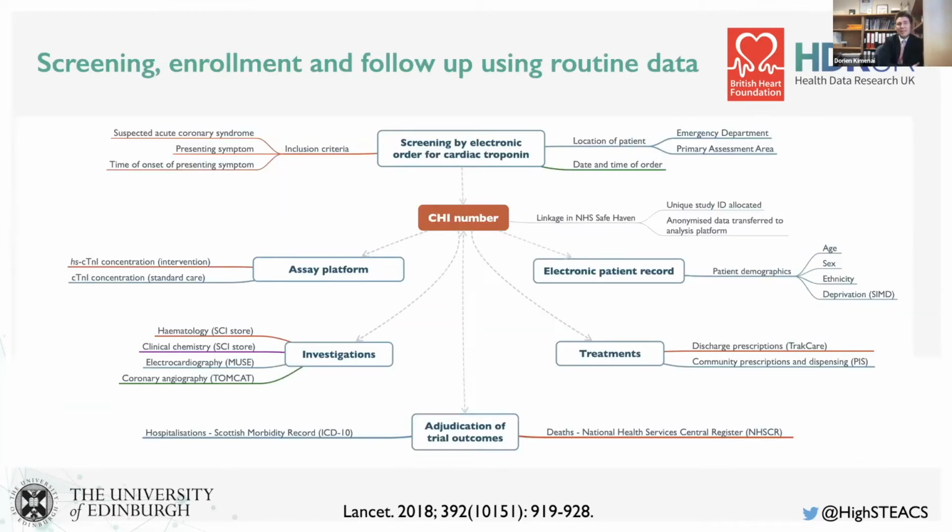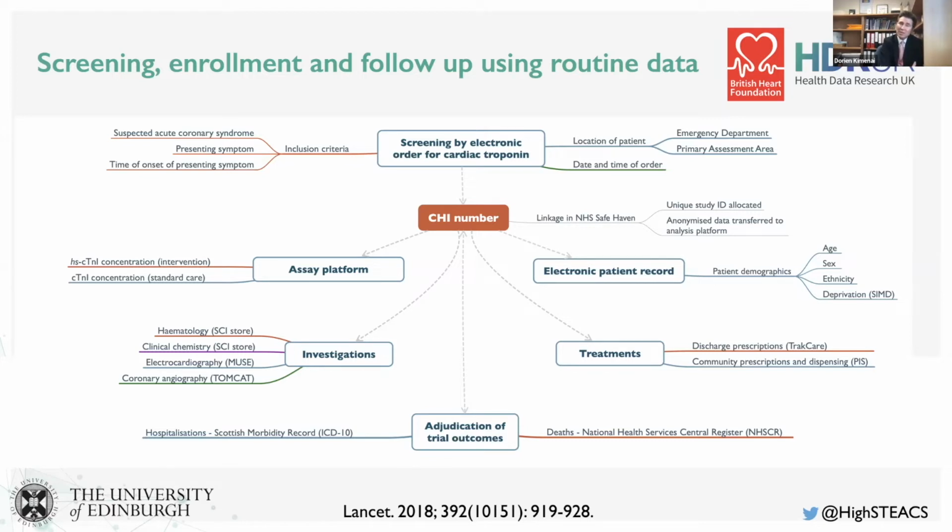Just on the data, we built our data infrastructure for this trial across 10 hospitals using the Safe Haven networks in Scotland, specifically the Safe Haven network in the west in Greater Glasgow and Clyde, and the one in Lothian, Dataloch. This also required us to work with the electronic patient record system and e-health departments, because we wanted not to have to approach patients and involve them directly in the trial, but to evaluate how routine care clinicians used these more sensitive tests in practice.